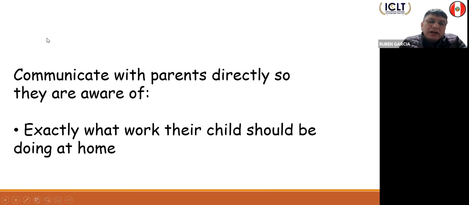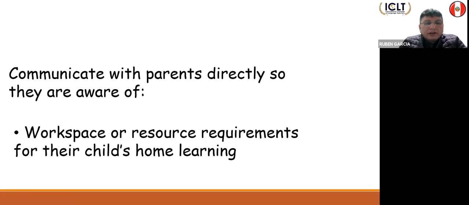They have to write a paragraph or do some activities that you give your students to do at home, and you can explain also to the parents, okay, they have to write a paragraph, they have to draw, whatever you want them to do to be helpful with you. Workspace or resource requirements for their child's home learning.